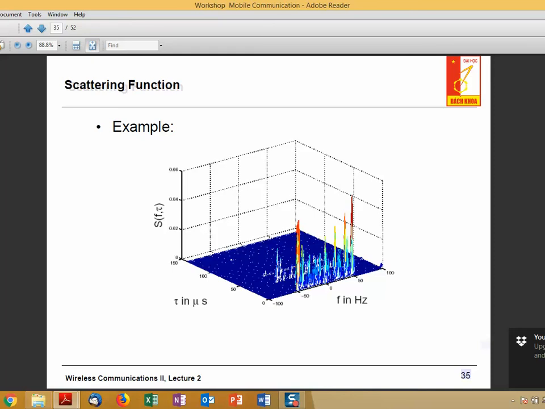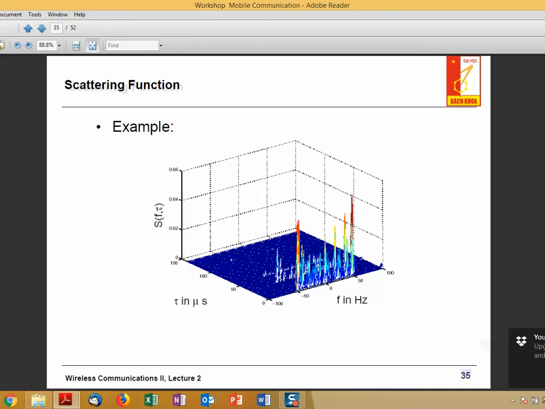So the scattering function reveals two pieces of information. One is the Doppler spectrum. The other is the power delay profile.